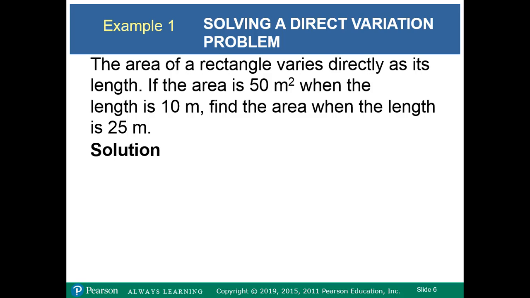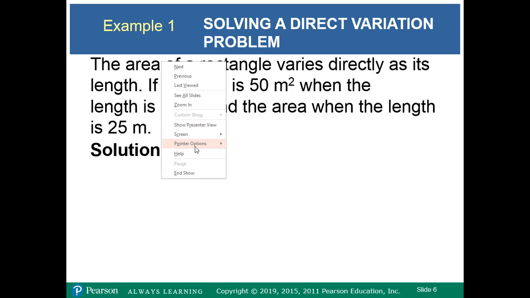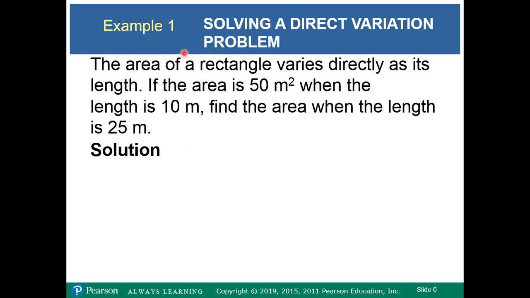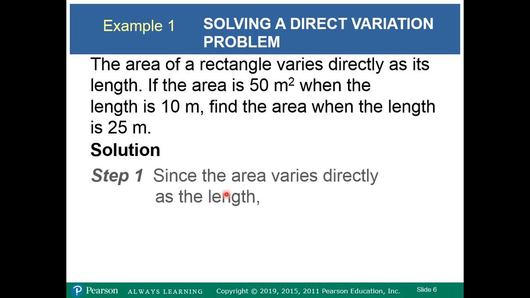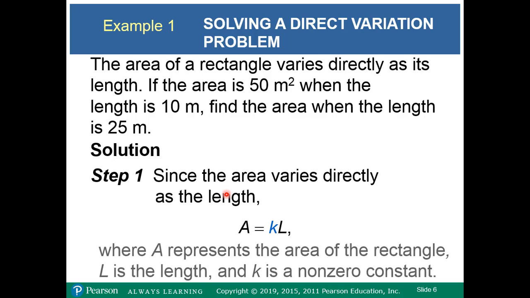The area varies directly as its length, so A is a constant multiple of the length: A equals kL, where A represents the area, L is the length of one of its sides, and k is a non-zero constant.